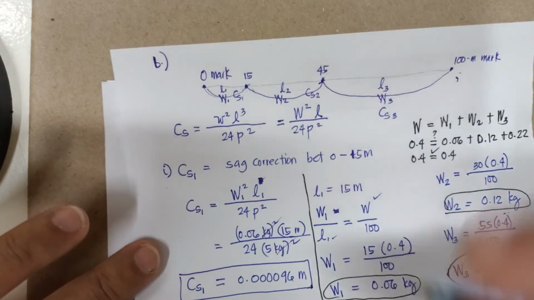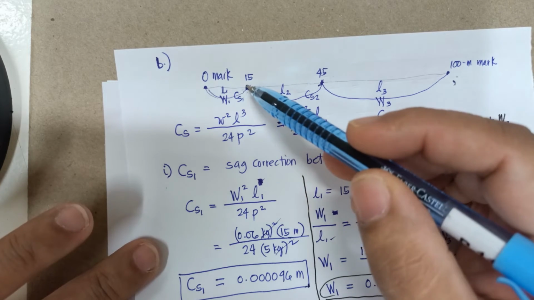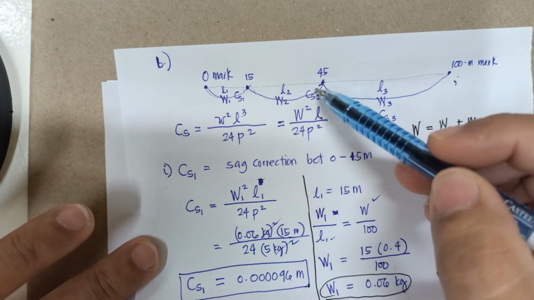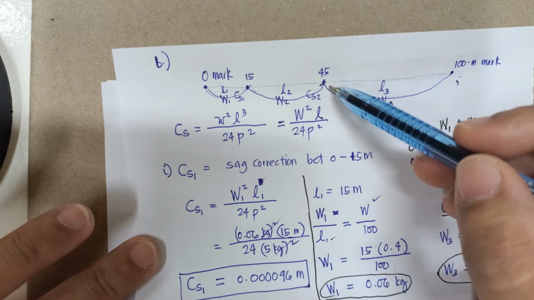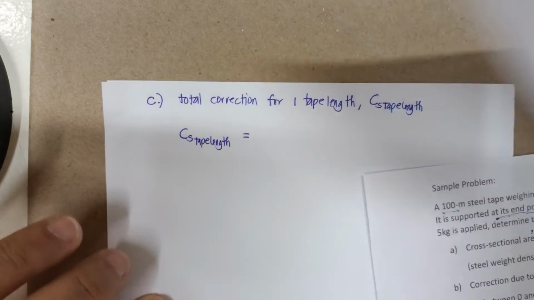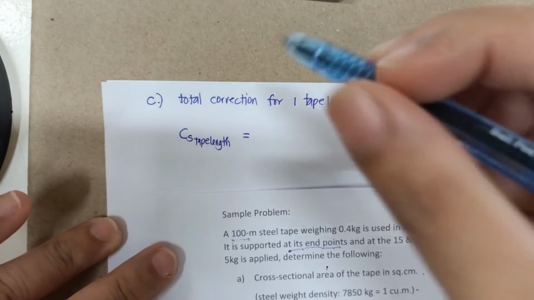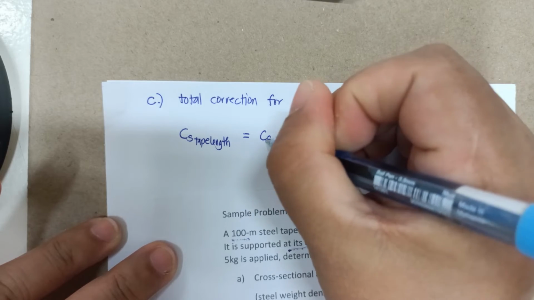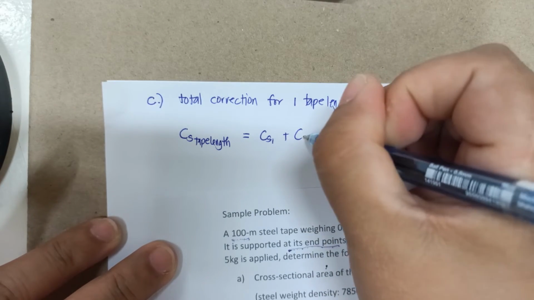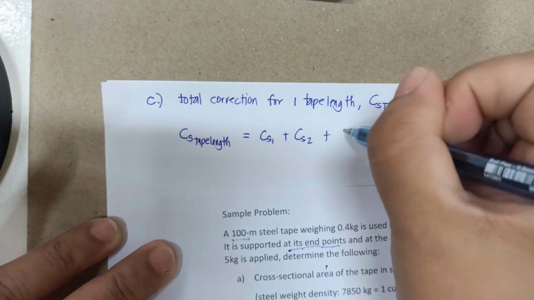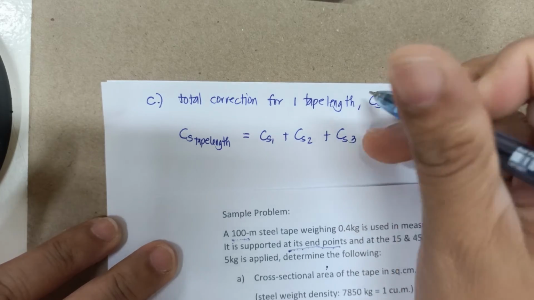It is equal to the correction between 0 to 15 plus 15 to 45 plus 45 to 100 meters. So we have CS sub 1 plus CS sub 2 plus CS sub 3.